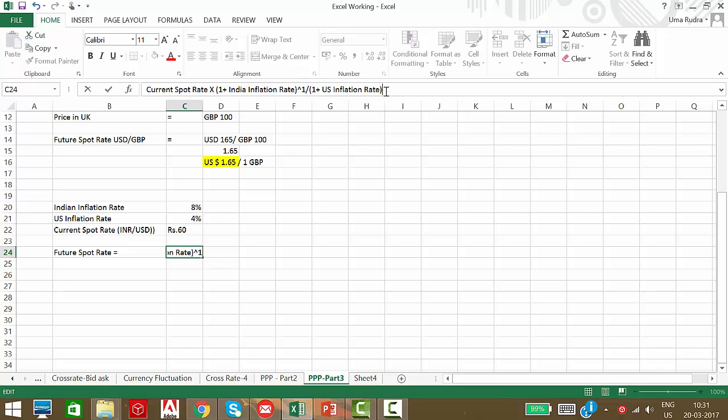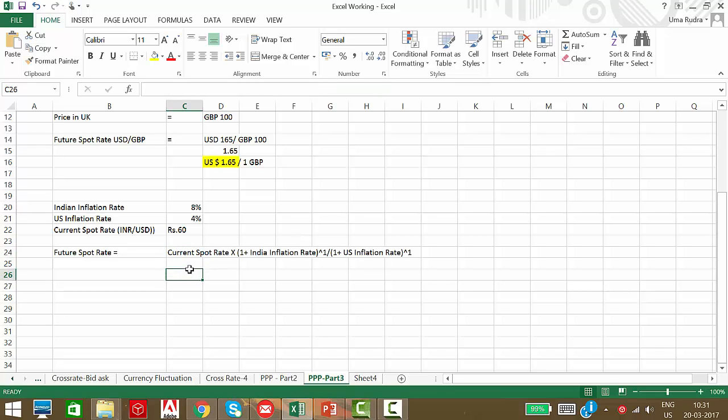Current spot rate is 60 rupees, into 1 plus Indian inflation rate of 8%, so 1 plus 0.08, divided by 1 plus US inflation rate of 4%, so 1 plus 0.04.